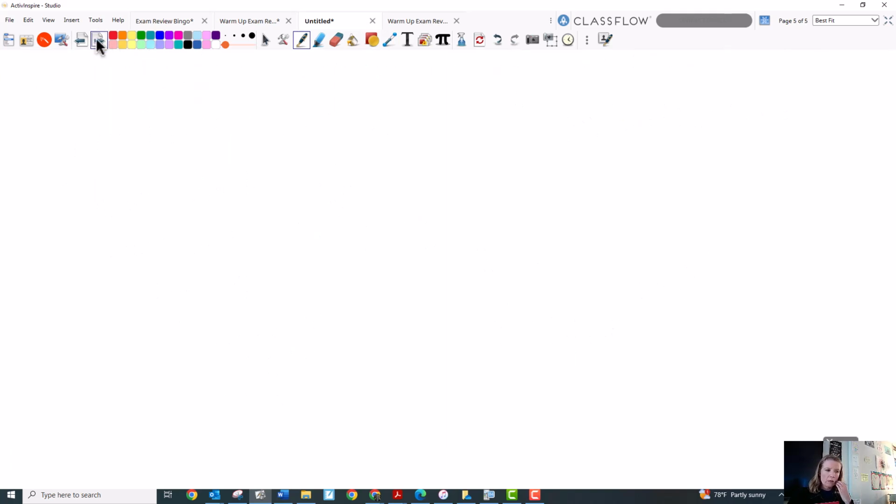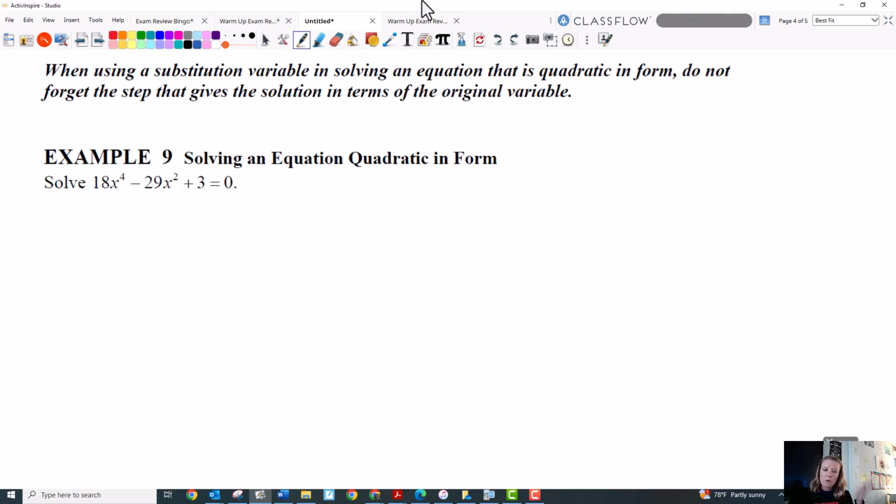And then the last one is if you have a to the 4th, we're going to do it the same way, but I'm just going to straight factor it. So S is -29x squared. P is 18 times 3, 54.